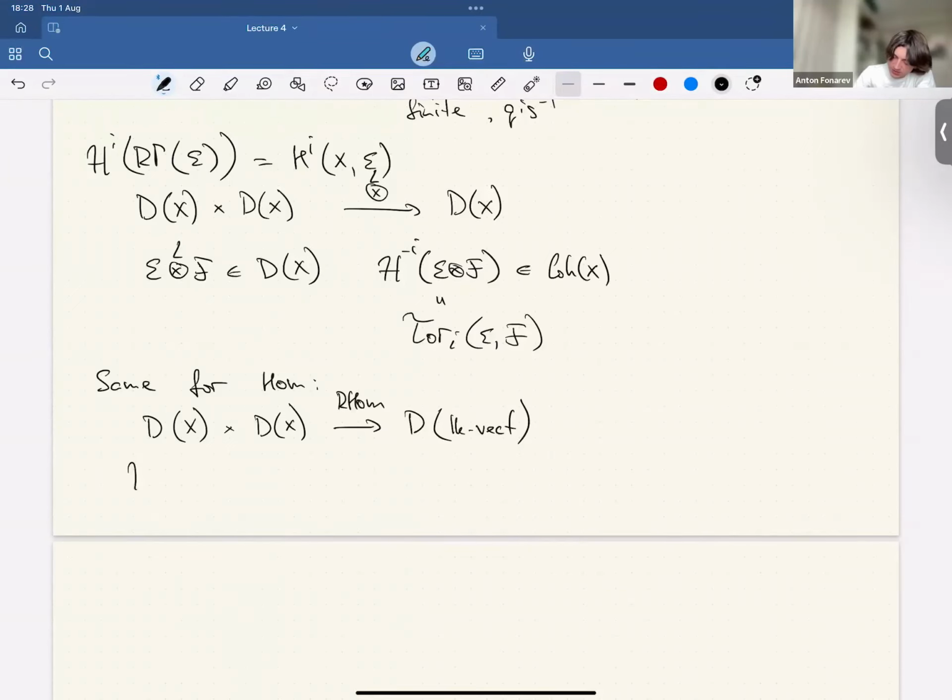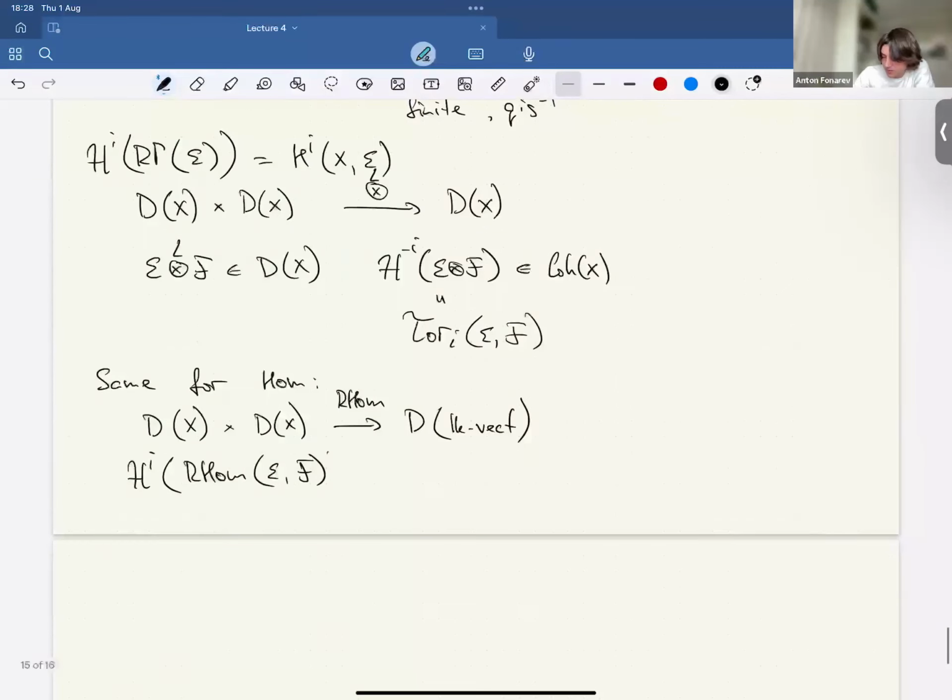And the property is, H^i, believe it or not, if you plug in just two vector bundles or sheaves, then this is the same as Ext^i from E to F. So this is what can be done on one scheme.